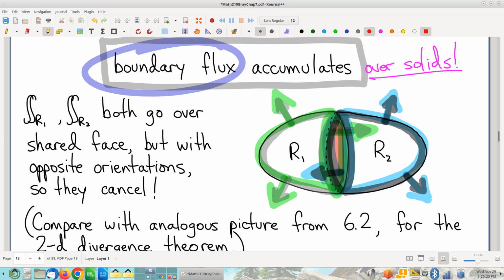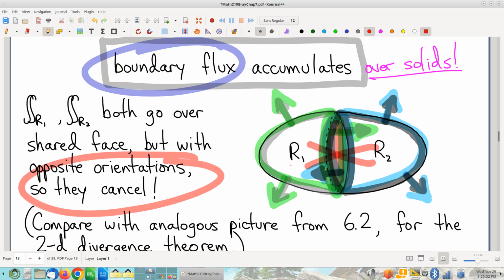It appears oriented to the left as part of the boundary of R2. When you add those up, given their opposite orientations, all that stuff in the middle cancels. So those two terms, this face oriented to the right and this same face oriented to the left, those fluxes cancel, thus leaving us, as we hoped, with the boundary flux for the solid. So boundary flux does indeed accumulate. Everybody buy it?